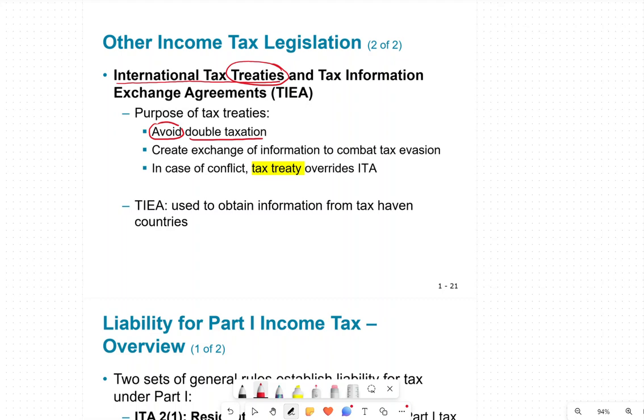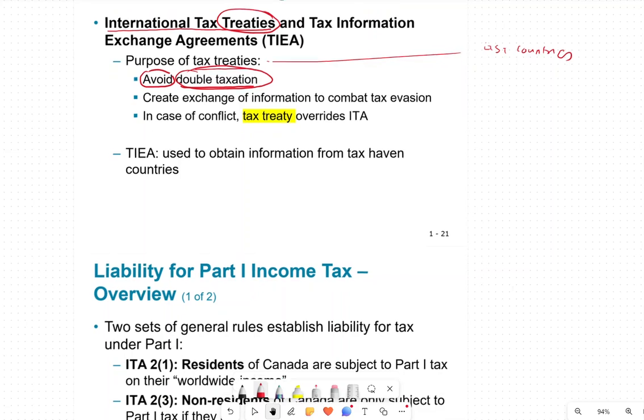If you go to the CRA site and look for tax treaties, it will list the countries that we have a treaty with. The reason is that we don't want individuals or business owners to pay double taxation. That's why we have a tax treaty.